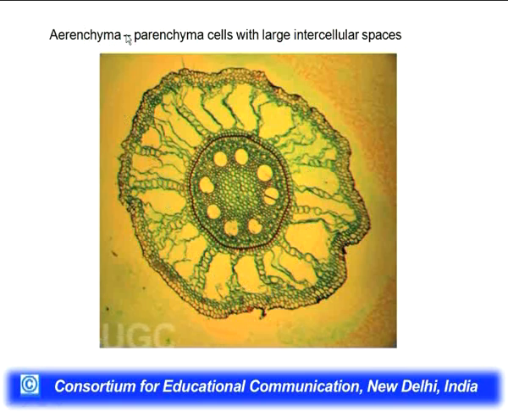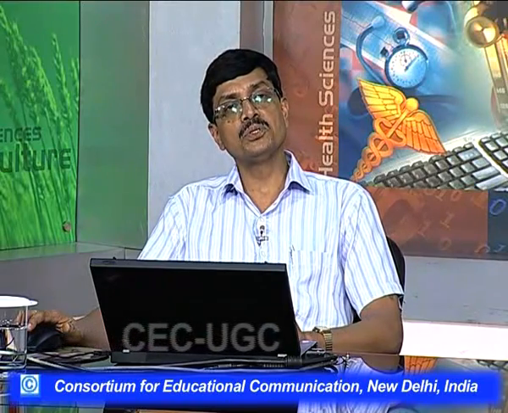Please note that parenchyma is not a cell, but a tissue made up of parenchymatous cells. Sometimes students make the mistake of saying that parenchyma is a type of cell. That is not true. It is a type of tissue made up of parenchymatous cells, here composed of many dead parenchymatous cells. There is again a difference between collenchyma, sclerenchyma and parenchyma after death.